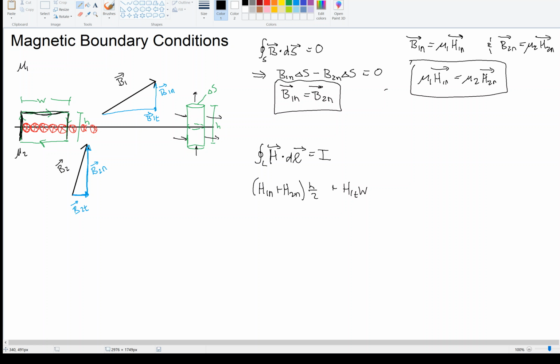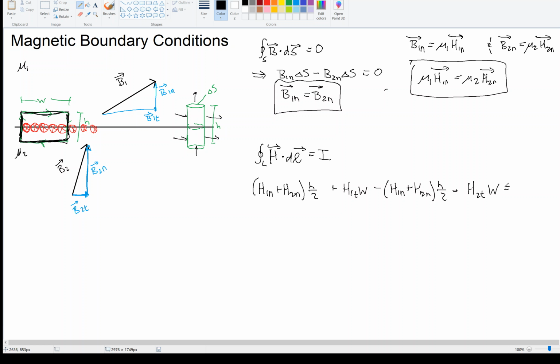So now I've taken care of this segment. Now I come down, and so this is actually going to be minus, because I'm going down against the fields, H1n plus H2n times h over 2. So that takes care of this. And then again, I'm going against the tangential components here, and so this is going to be minus H2t times w, H2 because I'm in material 2 there.